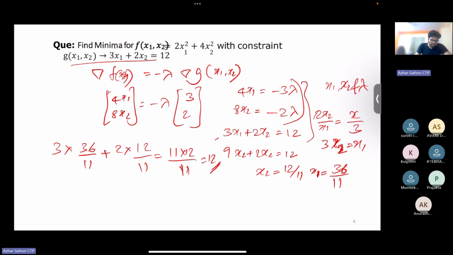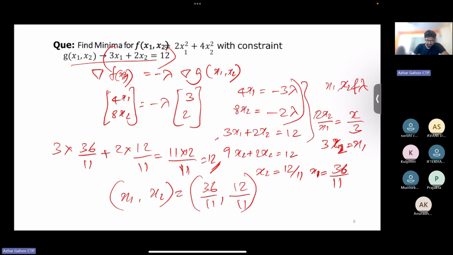So it exactly satisfies our constraint. So our solution (x1, x2) is 36 by 11 and 12 by 11. Now, if we put these two values in our function, we get the minimum of the function with the constraint 3x1 plus 2x2 equal to 12.